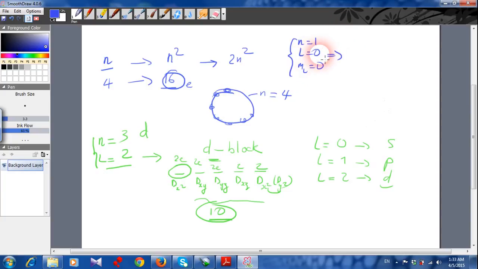With l equal to 0, we talk about s orbital, and ml is 0, so that means it's one orbital. We talk about n equal to 1, so that means 1s, and the maximum number of electrons in 1s is 2 electrons. So we have 2 electrons in 1s.